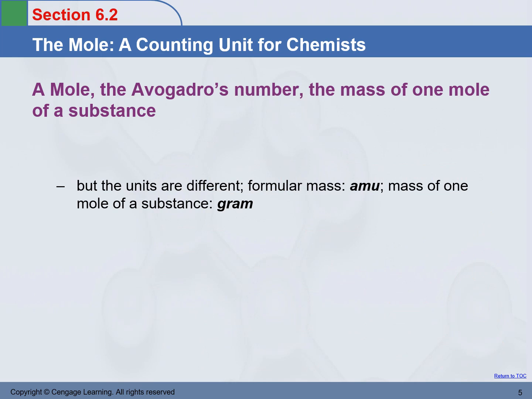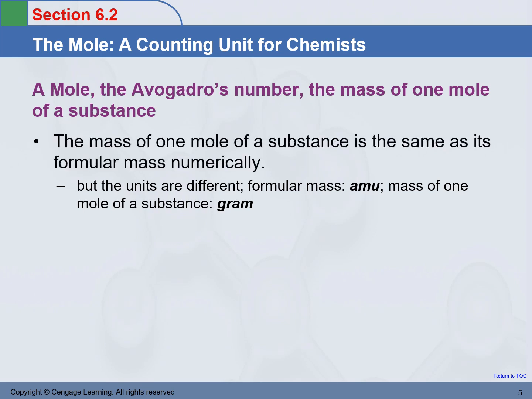A quick review. A mole, the Avogadro's number, the mass of 1 mole of a substance. The mass of 1 mole of a substance is the same as its formula mass numerically. If you are asked to calculate the mass of 1 mole of something, you just calculate its formula mass. You know how to calculate formula mass, don't you? We just talked about this at the beginning of this episode.